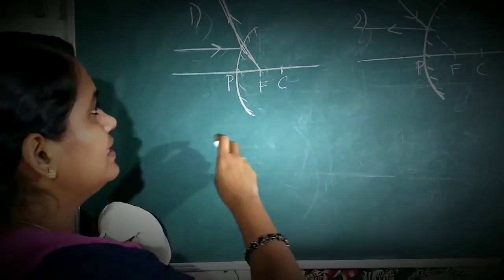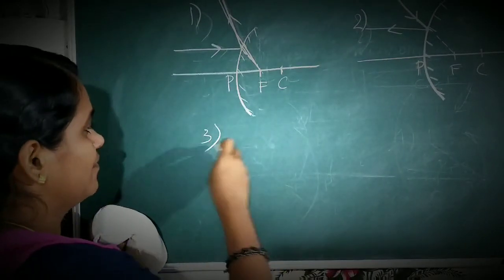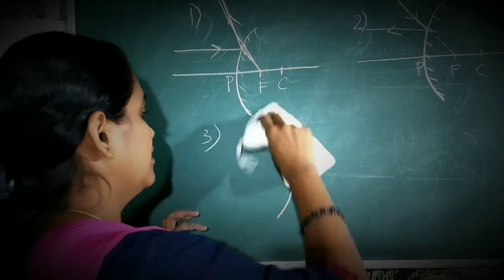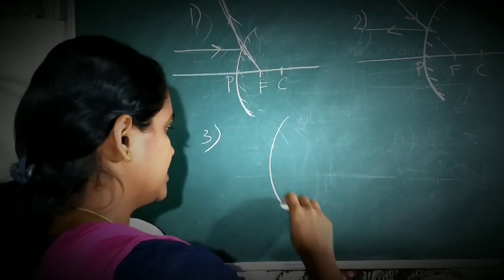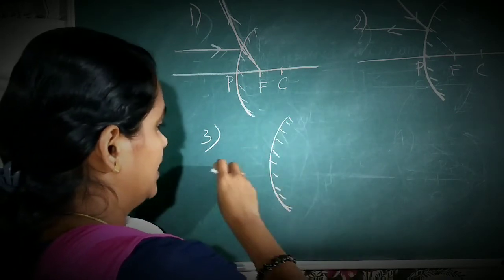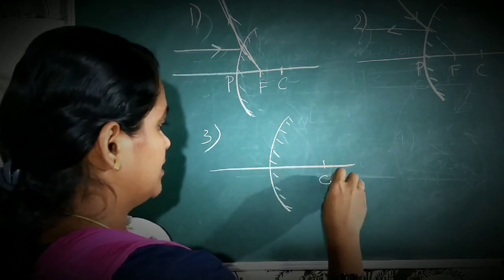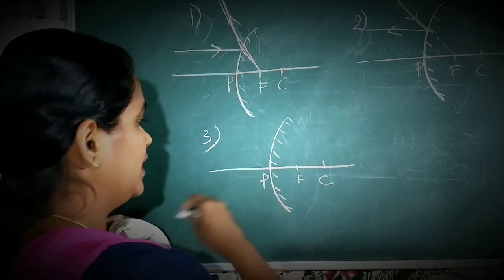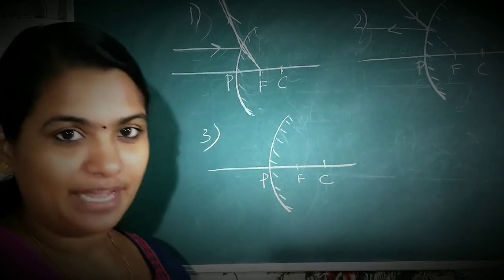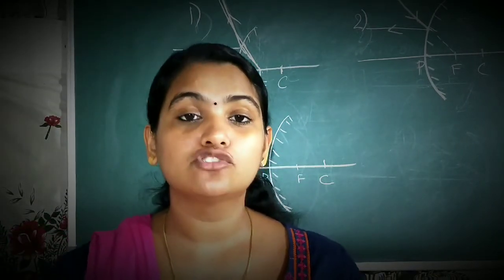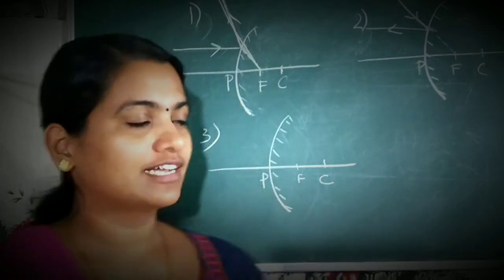And the third one, what is that? We have a convex mirror, then again the center of curvature, focus, then the pole P. Okay, so next case is the incident ray passing through the center of curvature.